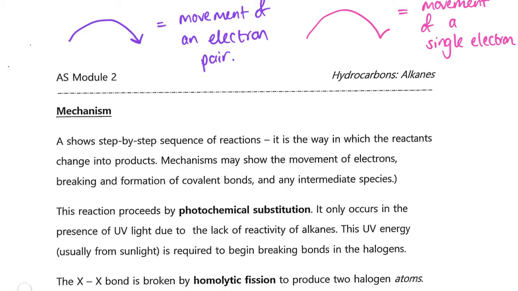As we said previously, this reaction proceeds by photochemical substitution, which simply means that it needs light to get it started, and that's due to the lack of reactivity of alkanes. That light causes the homolytic fission of our halogen molecule.